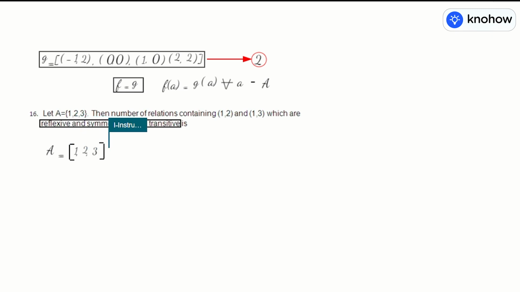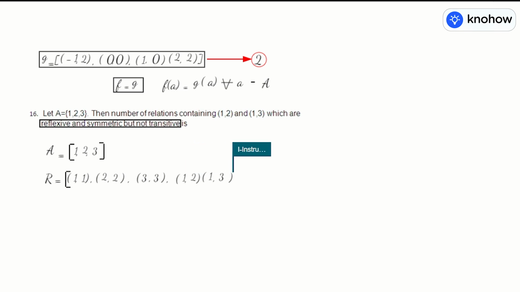So what are the elements of R? Because it has to be reflexive, every element should be related to itself: (1, 1), (2, 2), (3, 3) will be included. And the question already says it contains the elements (1, 2) and (1, 3).